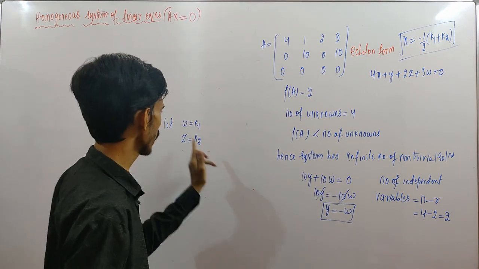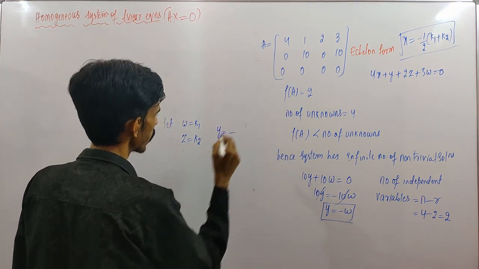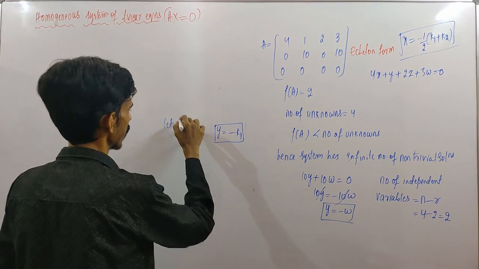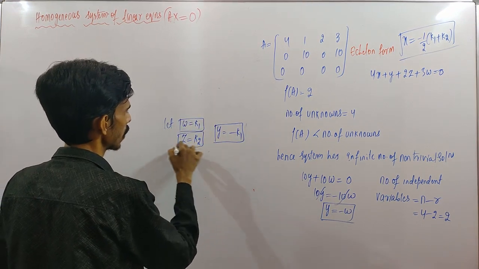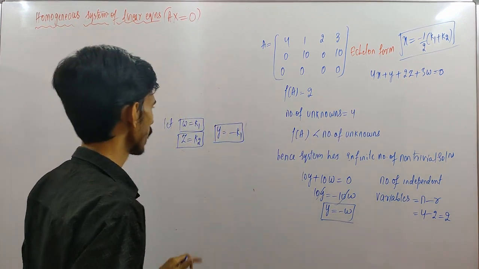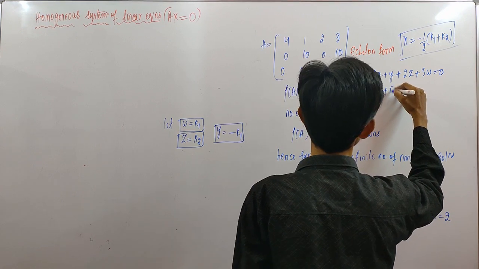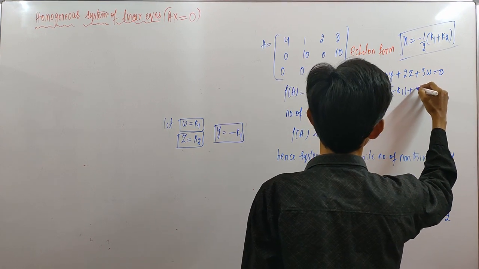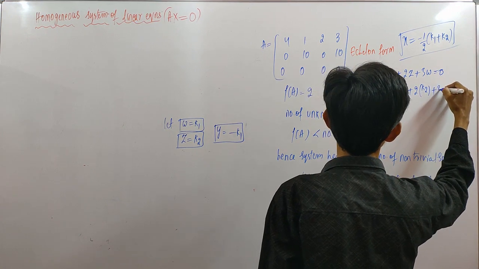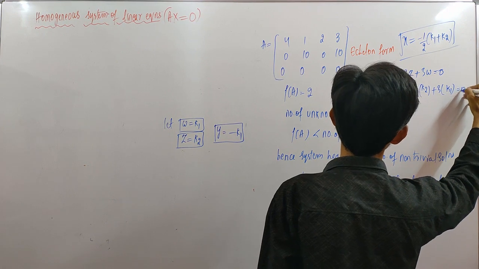Now if we substitute here, then y will become minus k1, since w value is k1. So we have the w value, z value, y value. Substitute in this equation to get the x value. We have 4x plus y, which is minus k1, plus 2 into z, which is k2, plus 3 into w, which is k1, equal to 0.